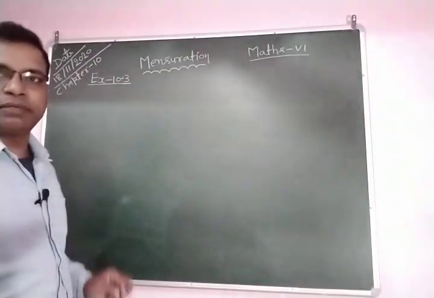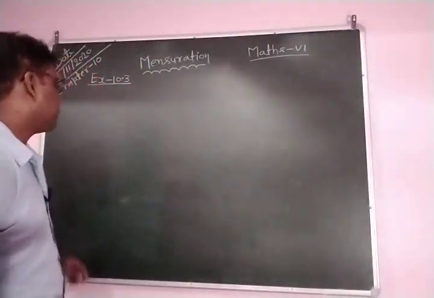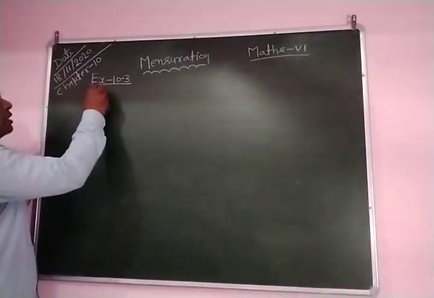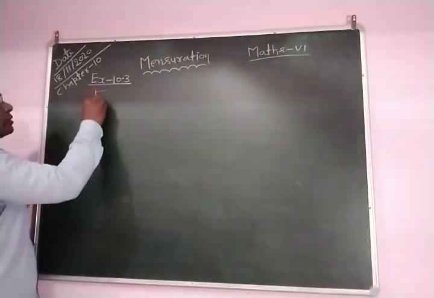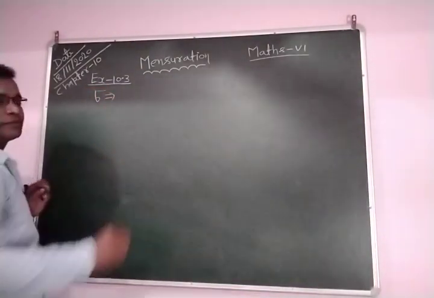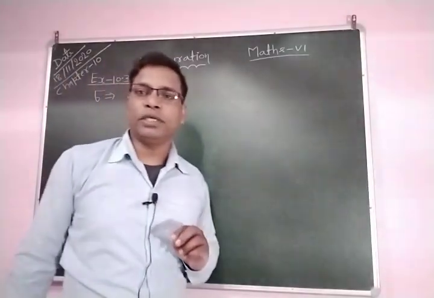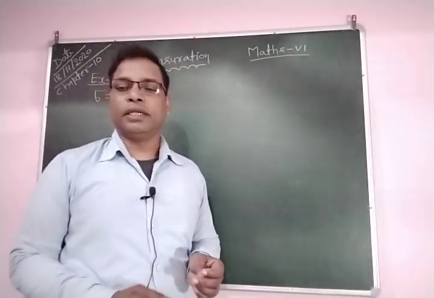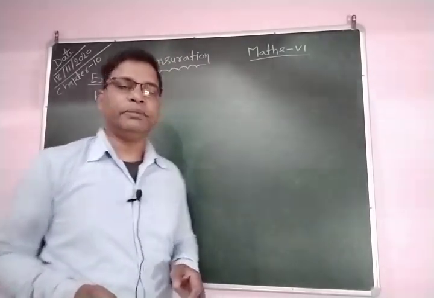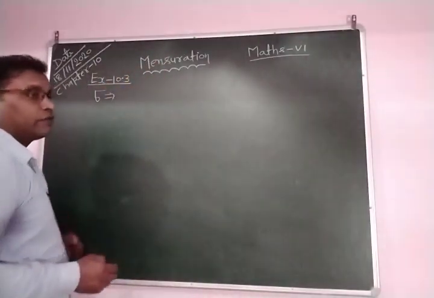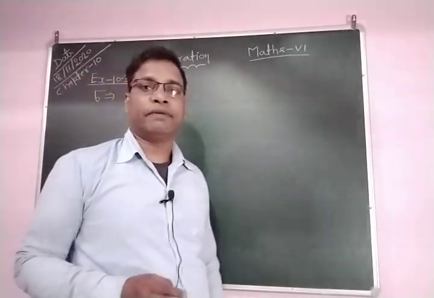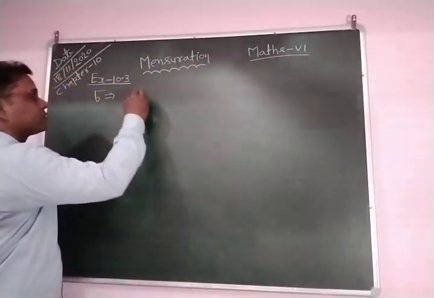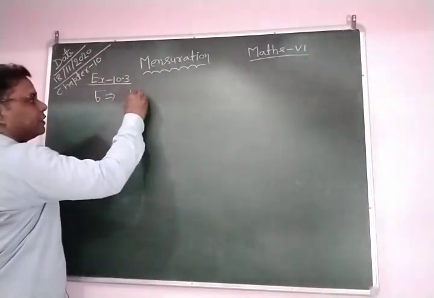In this question, it is given that the length of the tabletop is 2 meters and the breadth of the tabletop is 1 meter 50 centimeters. You need to find the area of the tabletop. So let's see.